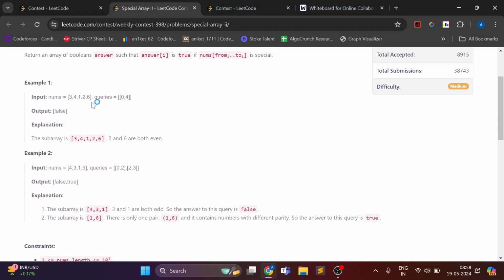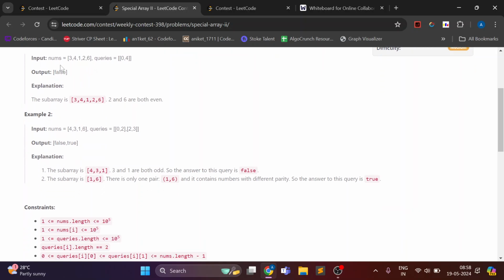Now if you see the first query is 0 to 4, all the elements, but if you see the whole subarray, the 2 and 6, at index 3 and 4, both have the same parity. That's why here the answer is false. The first query is false and there is only a single query.